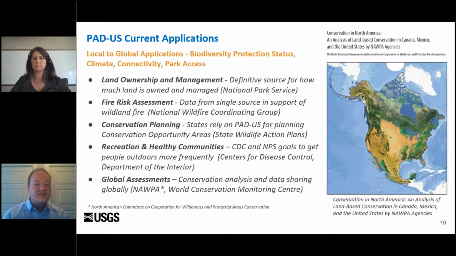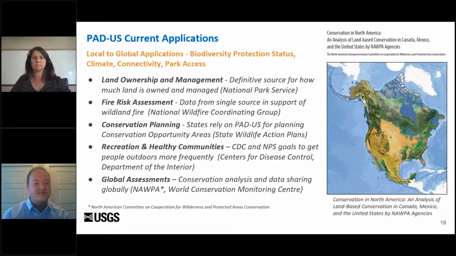So specifically, here are just a handful of current uses. For the National Park Service, we know that PAD US is being used to understand land ownership and management, not only of National Park Service lands, but what the landscape looks like. What's the context of those lands? True for other DOI land managers and federal, state, and local managers too.